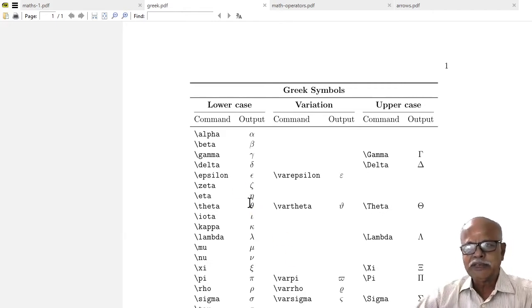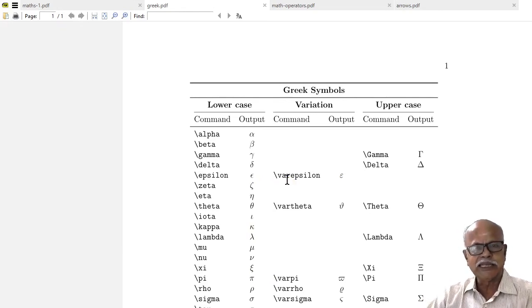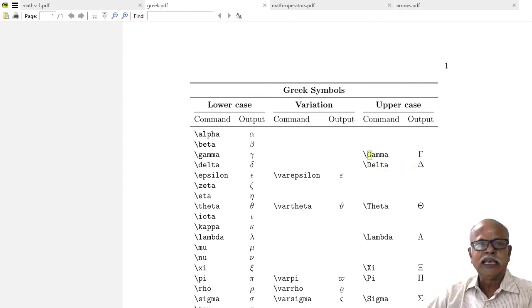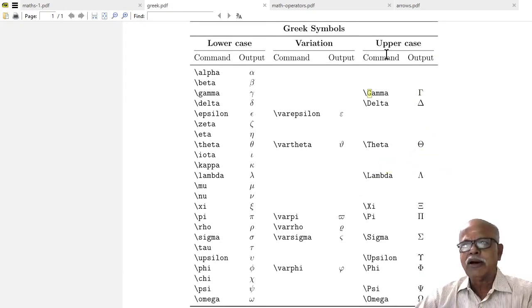In the case of epsilon, theta, pi, rho, etc., there is a variation also available. They are typed as \varepsilon, \vartheta, \varpi, \varsigma, etc. And then for uppercase letters, all that you have to do is the first letter has to be in caps. That's all. Then we have all the Greek symbols available here.